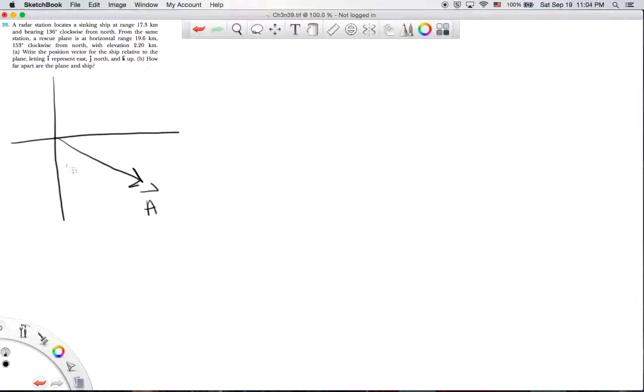And so the magnitude will be 17.3 kilometers. And this angle will be 46 degrees because 90 plus 46 is 136 degrees.